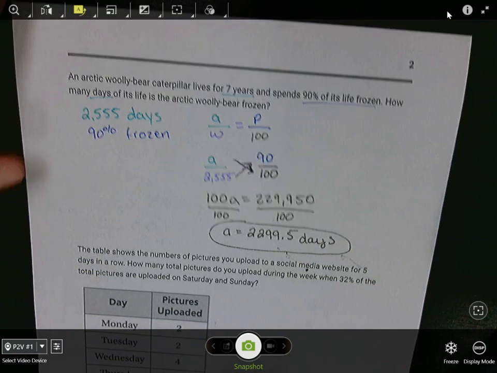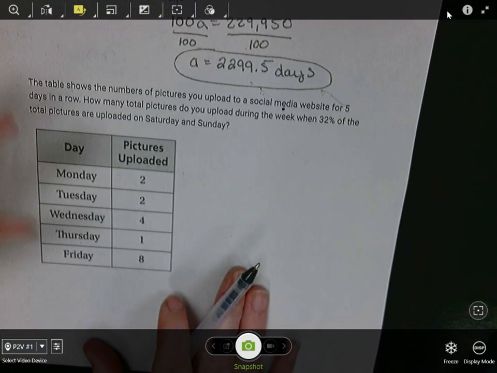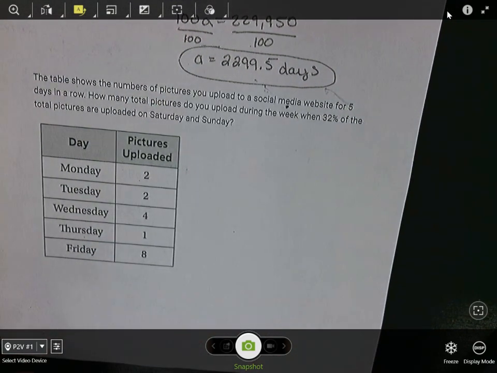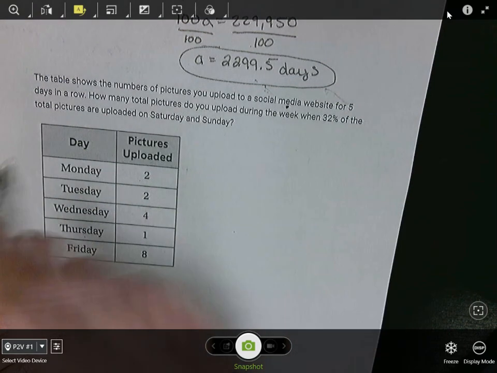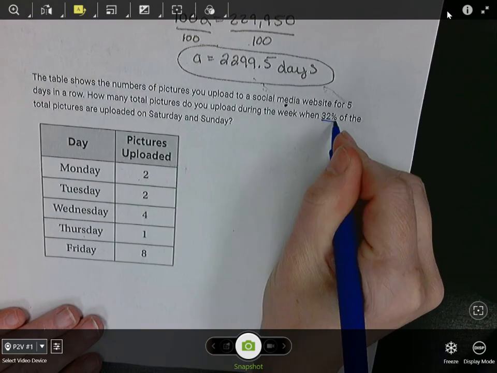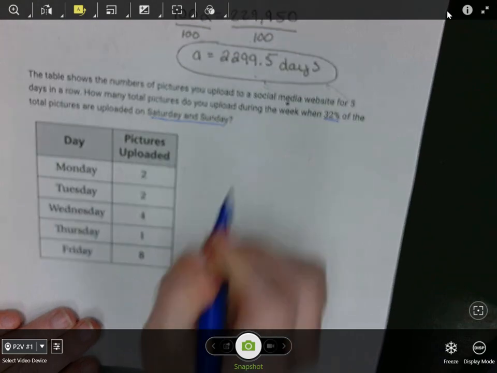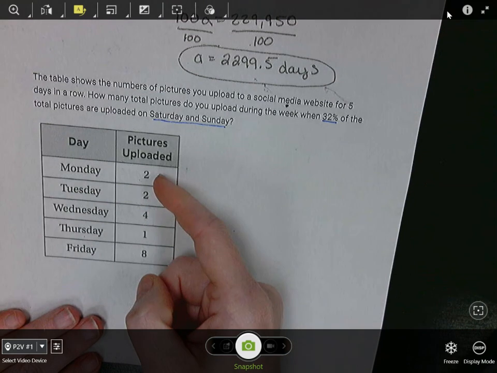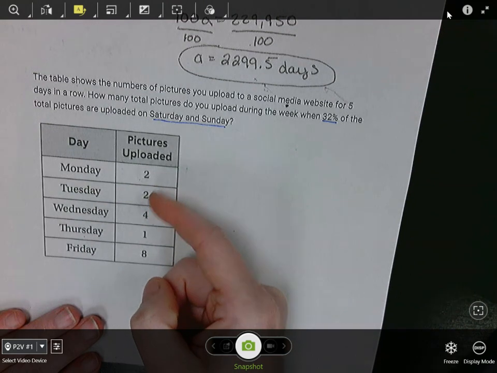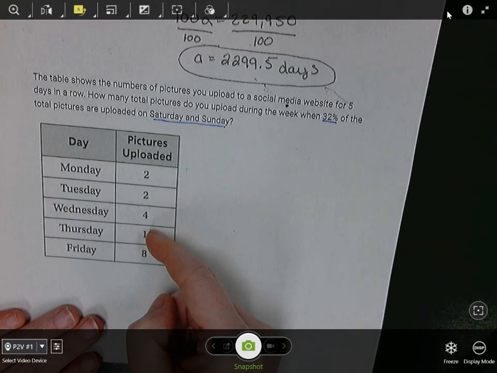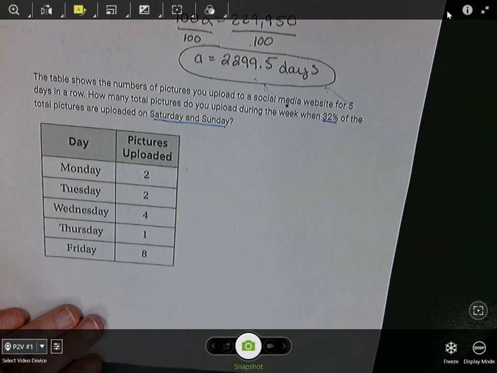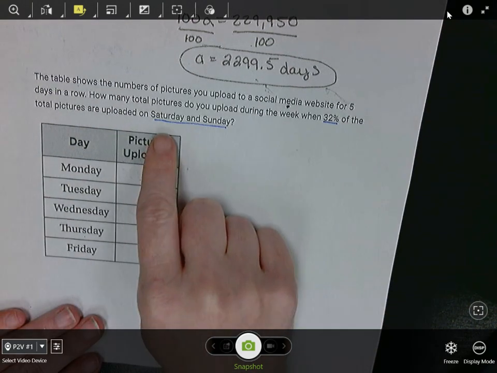All right, let's try the next one. The table shows the number of pictures you upload to a social media website for 5 days in a row. How many total pictures do you upload during the week when 32% of the total pictures are uploaded on Saturday and Sunday? The table gives us Monday 2, Tuesday 2, Wednesday 4, Thursday 1, and Friday 8.